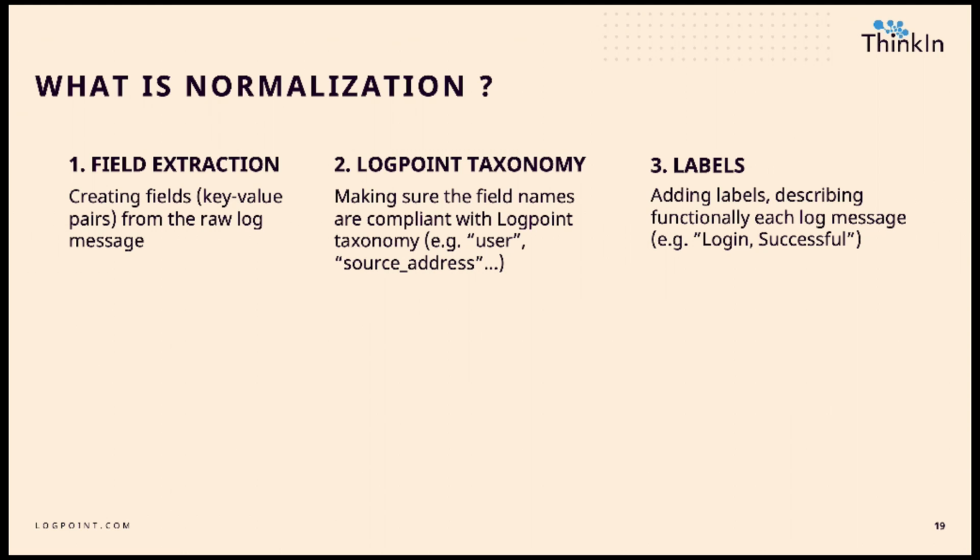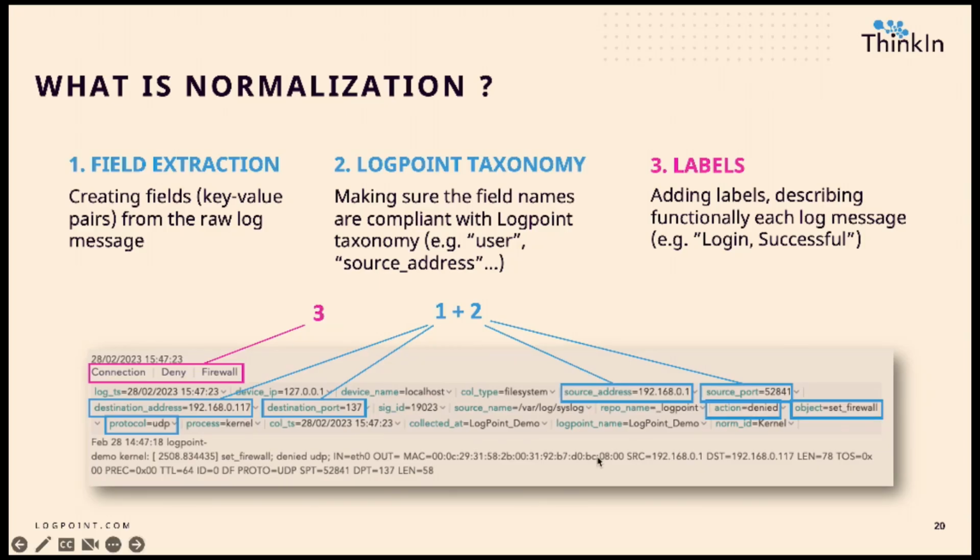As I'm sure you know, you can add labels to the logs to describe what each log is about. As an example, this is an internal Logpoint firewall log. The result of field extraction is happening here. We've extracted some fields like the source IP address, which in the log is called SRC.